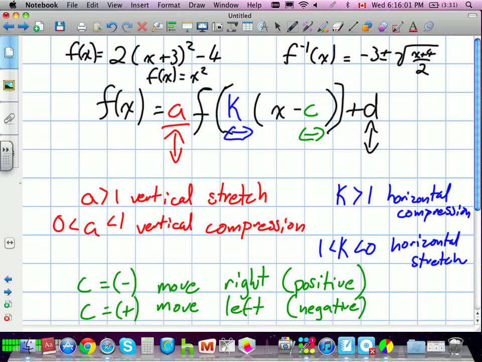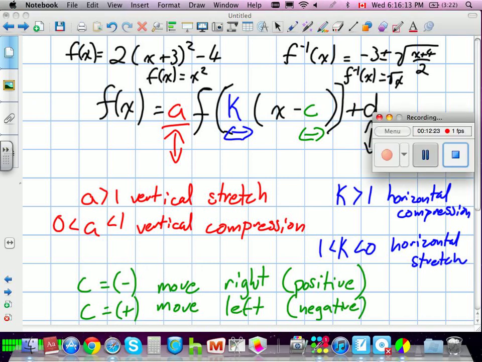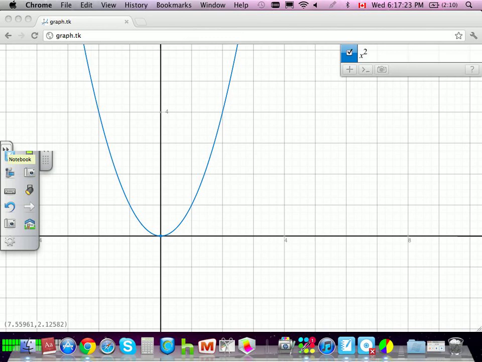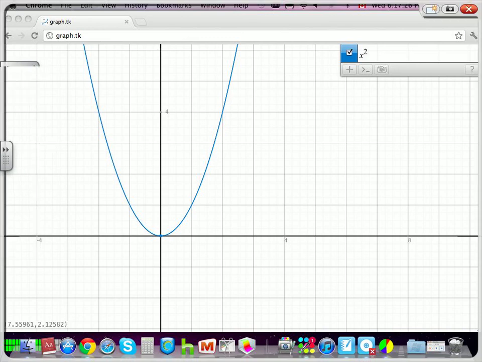So the original graph, f at x is equal to x squared, which is a normal parabola. We're going to show you in a second what that graph looks like. And this one here, our inverse, the normal one for that, is actually just the root of x. All these other numbers affect it.